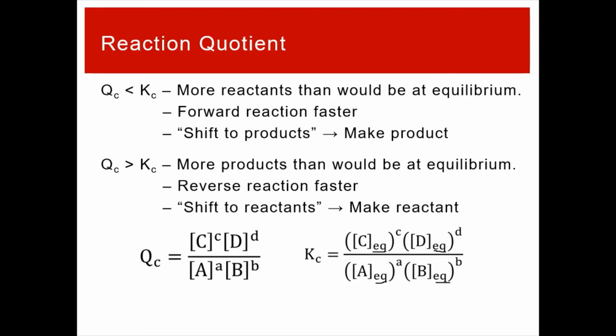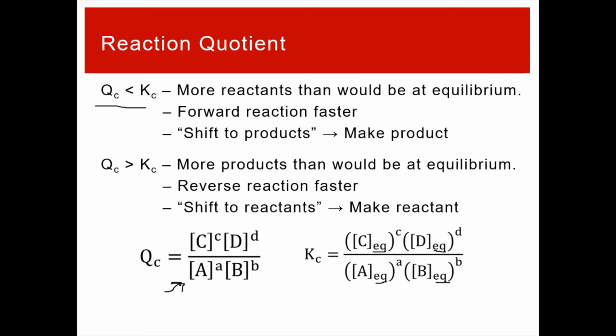So if Q is less than Kc, these are fractions, right? If it's too small, that means the bottom is big. So when Q is less than Kc, that means the bottom of my fraction in my Qc, right now, there are too many reactants. And so those reactants are going to react and become products.